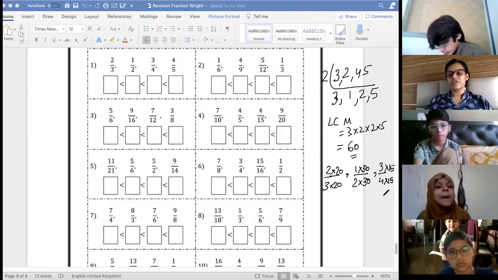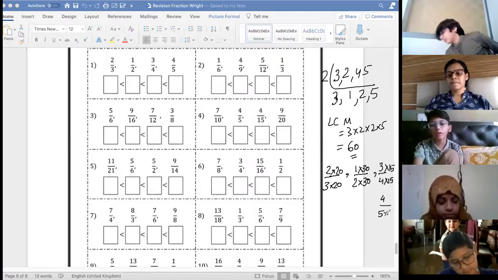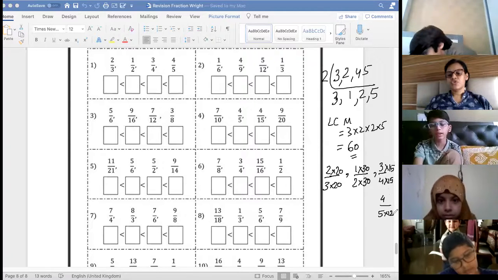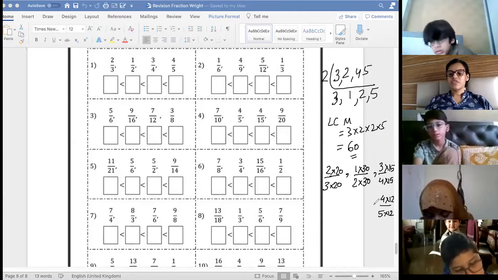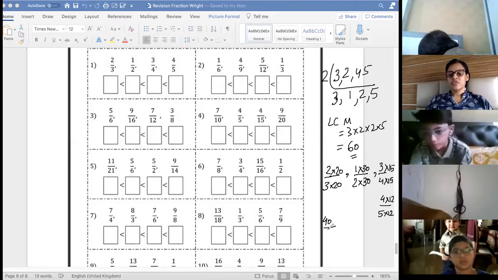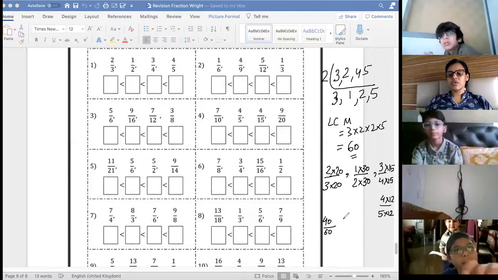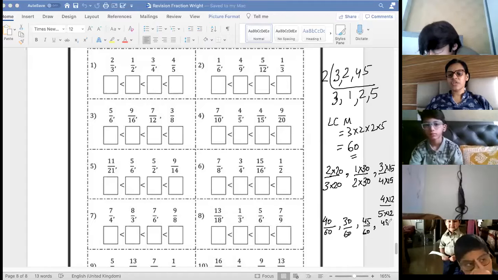4 by 5. 5 twelves are 60. So the first one becomes 40 by 60. The second one becomes 30 by 60, then 45 by 60, and 48 by 60.